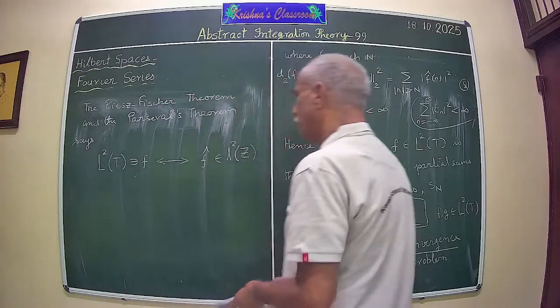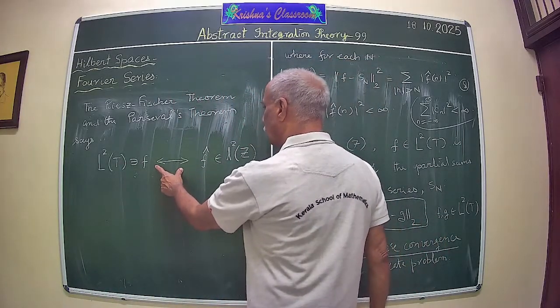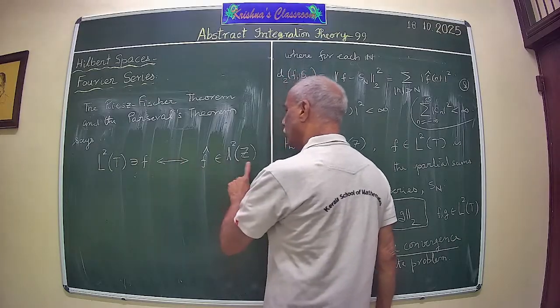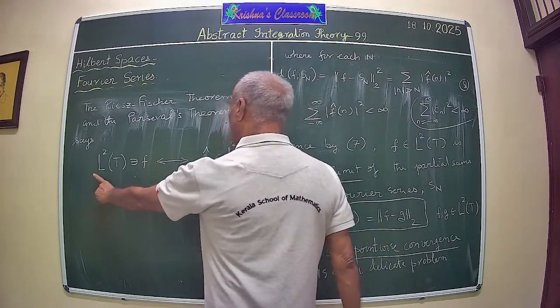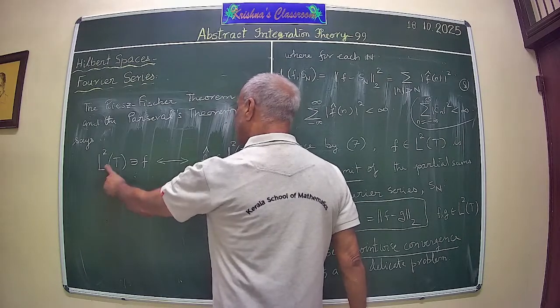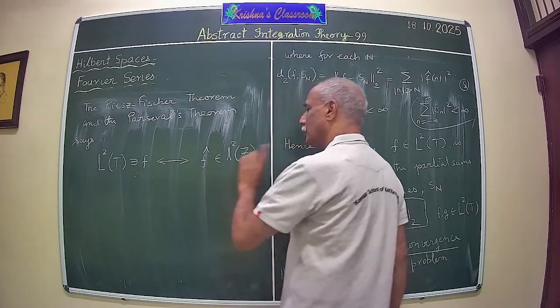So what you have is this arrow either way: given f hat belonging to L2 of the integers, you have a corresponding f in L2. Conversely, given an f in L2(T), there is an f hat belonging to L2 of the integers.